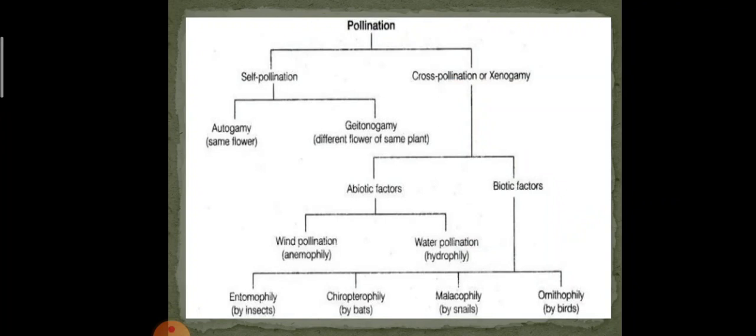We also observe the agencies of pollination. There are two agencies: non-living agencies, known as abiotic factors, and biotic agencies, meaning living agencies. Non-living agencies are wind and water, and biotic agencies are animals, which is known as zoophily.